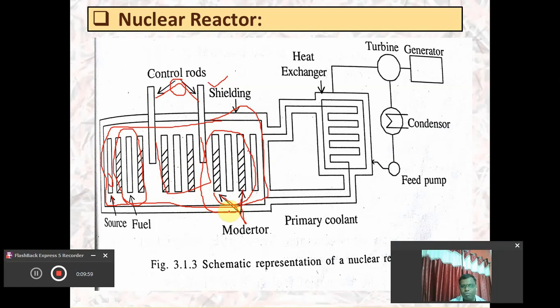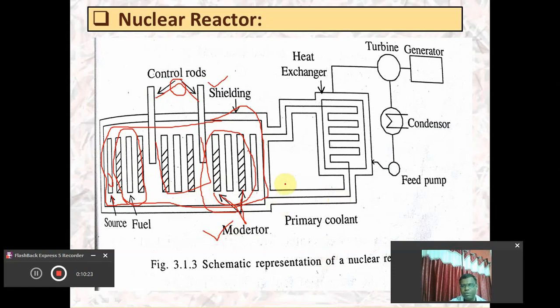Fast neutrons are obtained in the nuclear fission, and again these are required for the next nuclear fission. So these must be converted into slow neutrons, because only slow neutrons are responsible for the nuclear fission, and these fast neutrons are converted into slow neutrons with the help of substances called the moderator.